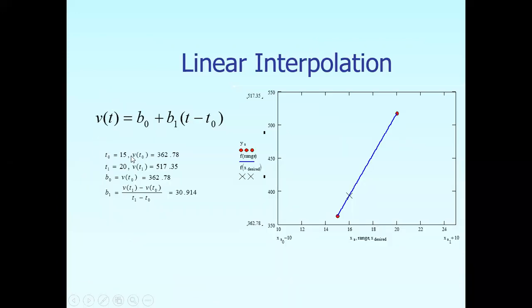Then t0 is equal to 15 and t1 is equal to 20. Then v of t0 is given as 362.78. V of t1, that is t is equal to 20, is 517.35. Then b0 is equal to 362.78. Then find b1. b1 is equal to what? V of t1 minus v of t0, that is 517.35 minus 362.78, divided by 20 minus 15. That is 30.914.